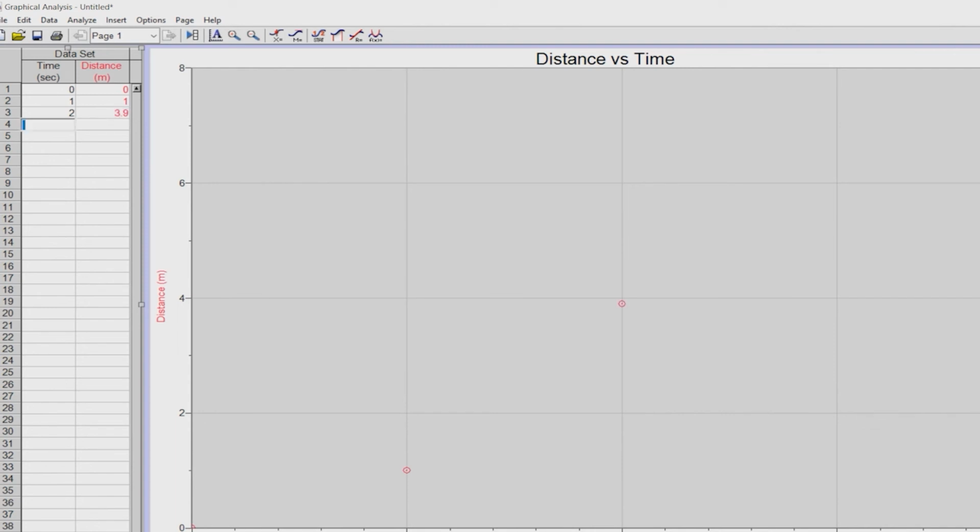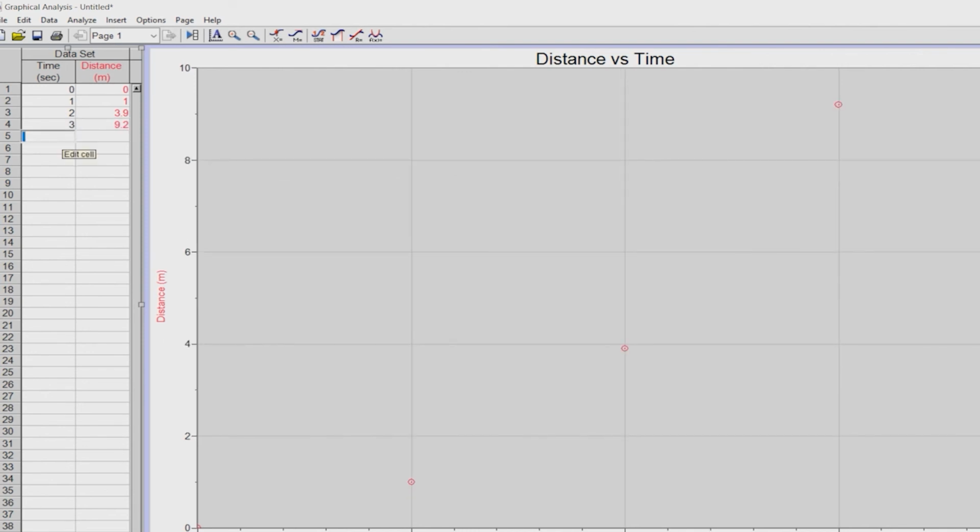And the third point would be 3 seconds, and maybe 9.2 instead of 9.0. So this is data after all. And so let's try one more, 4 seconds and 15.7, whatever units that we're talking about.